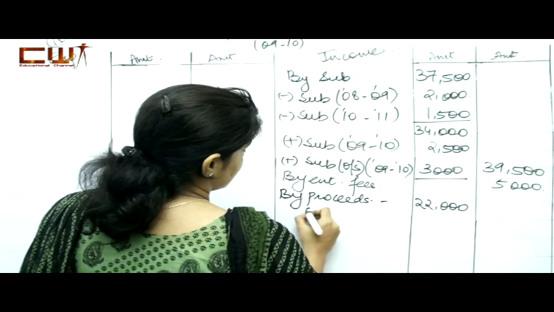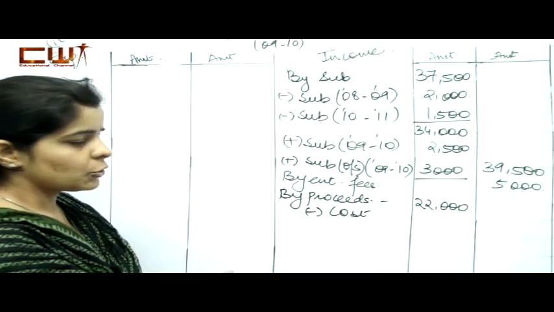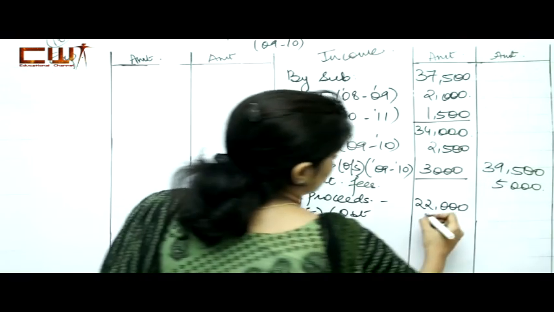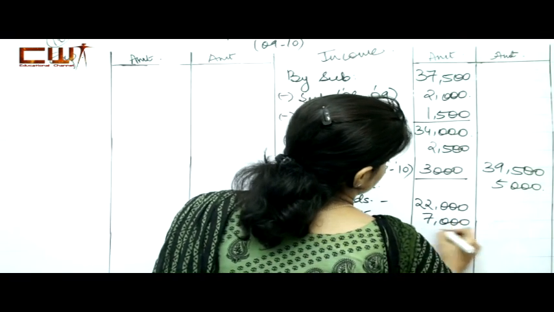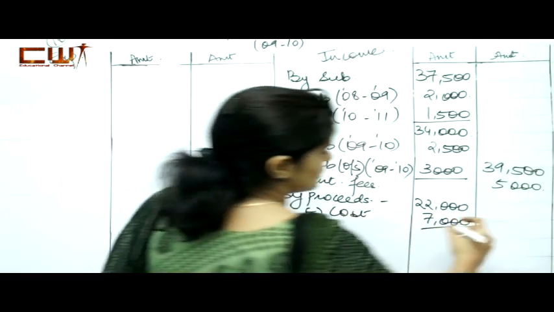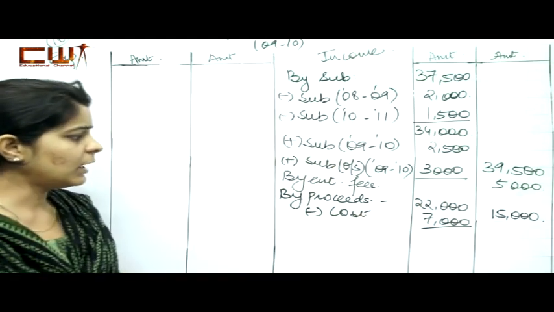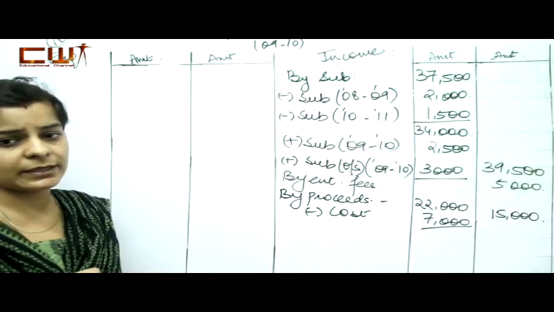Right? There is some cost also related to it. So when you are getting something, please subtract the cost. So 7,000 is the cost that is incurred. So 22,000 minus 7,000 will give you 15,000. Okay, so proceeds minus the cost will give you this.